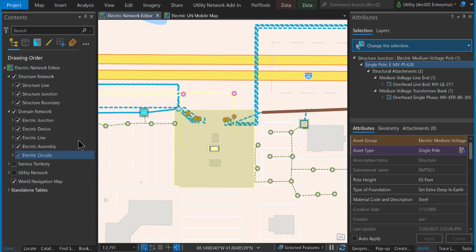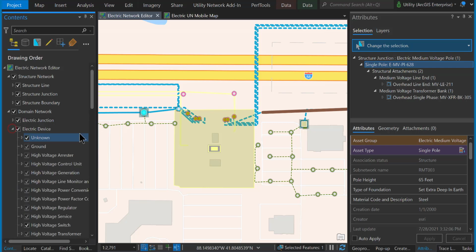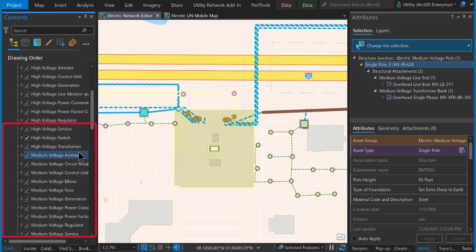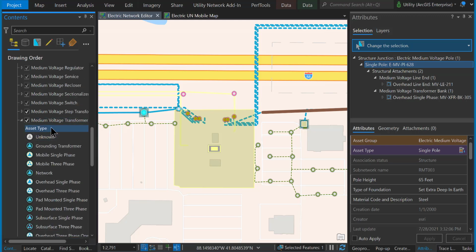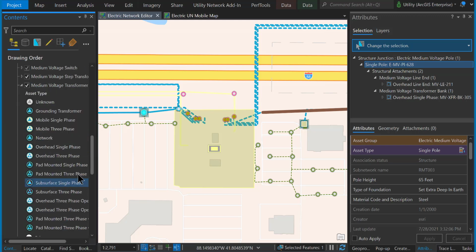Asset group is defined as the major classification of your feature layer. For example, the electric device group has multiple asset groups such as high voltage arresters, high voltage switches, and many more. Now, the asset type represents a minor classification of your asset group. For example, this medium voltage transformer has different asset types like overhead single phase, overhead 3-phase, and so on.